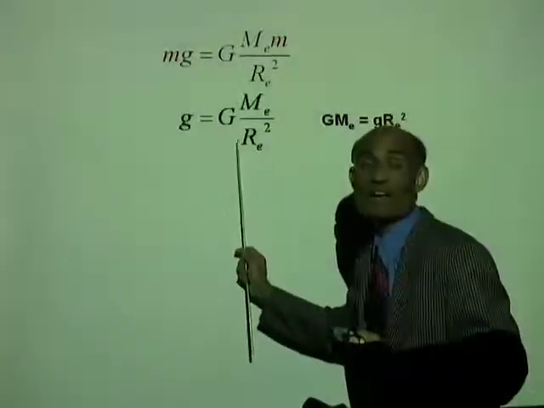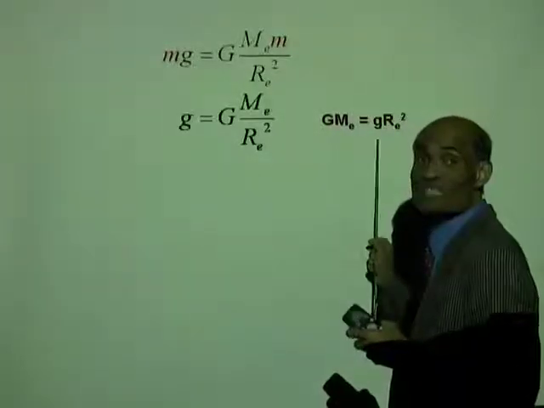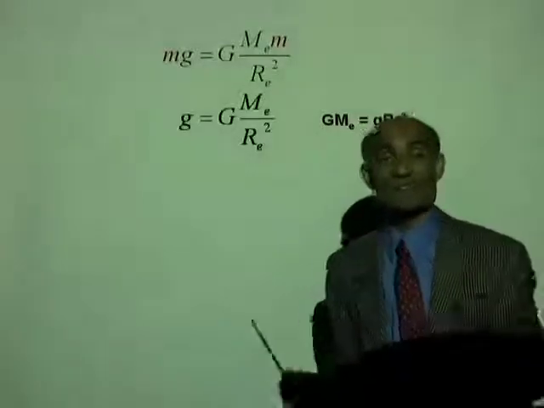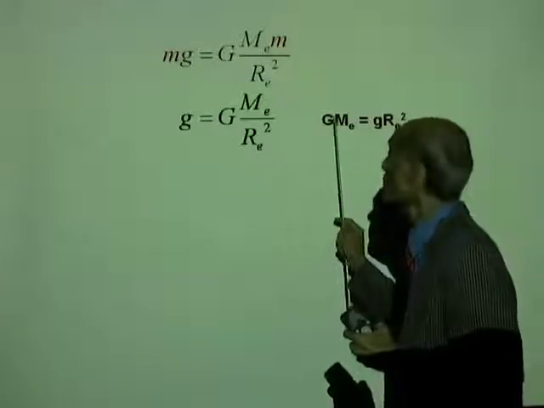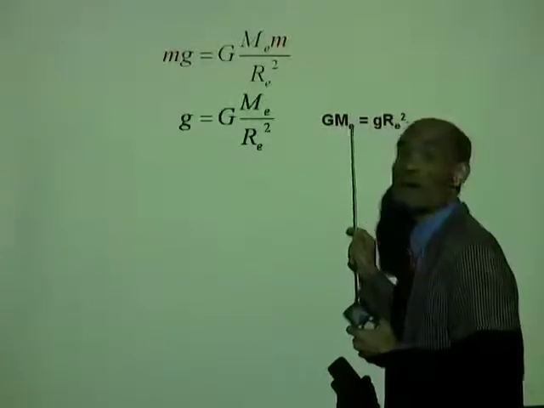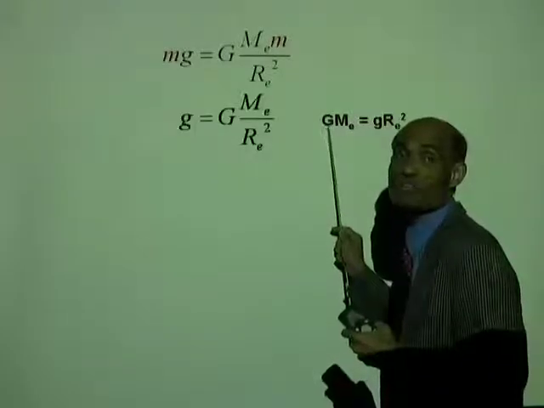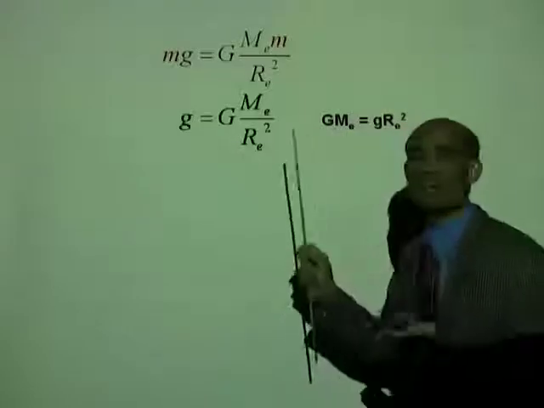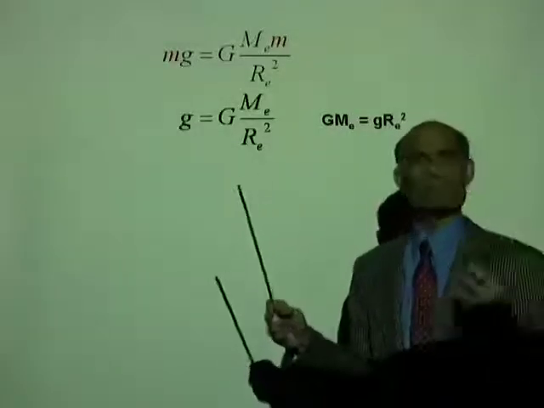Looking at that equation, the significance of this statement is that there are many places in this lesson where we may need the value of big G multiplied by M_E, the mass of the Earth times the universal gravitational constant. These values are not very readily available for most of you unless you remember them.